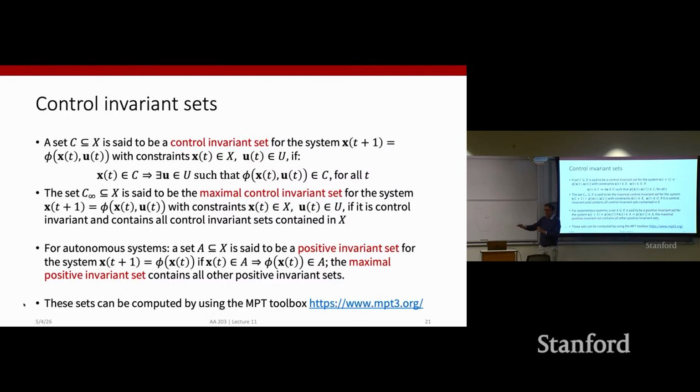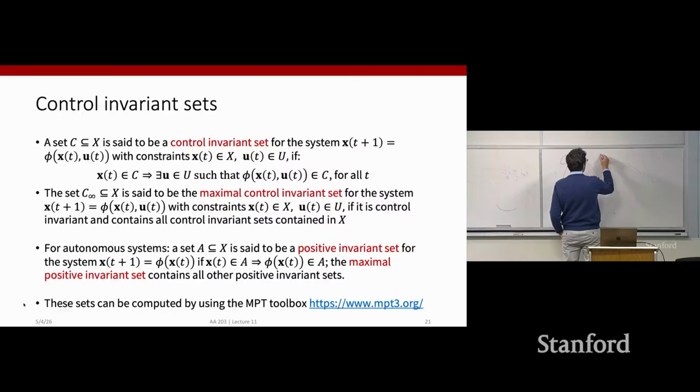There exists a u that allows you to stay in that set, which seems a useful concept. So there exists a u such that f(x, u) lands into, again, C, the same set. So of course, you want to choose a C as a set of desirable states.